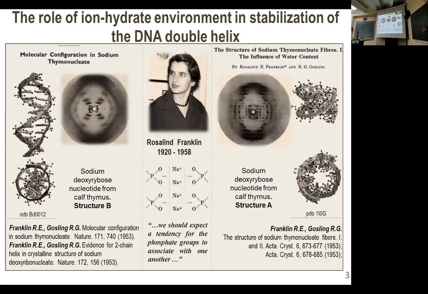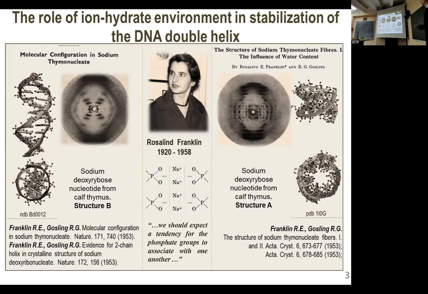And she was the first who pointed out that DNA can have different conformations that depend on environment, depend on hydration of DNA, depend on salt. And here you can see these images. This is an image of B DNA.